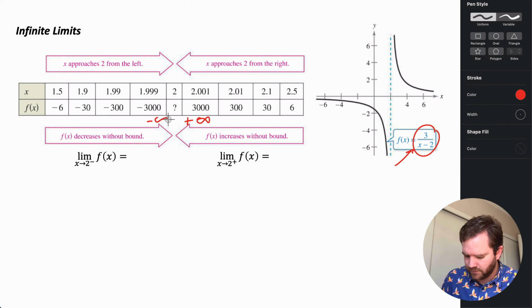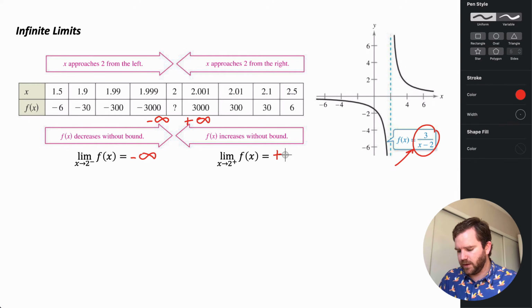So this is going to go off toward negative infinity. So this is telling us that as we approach 2 from the left, we are going off toward negative infinity. And as I approach 2 from the right, I'm going off toward positive infinity. Now, technically, again, these limits don't exist, but these are describing the unboundedness of our function at 2.